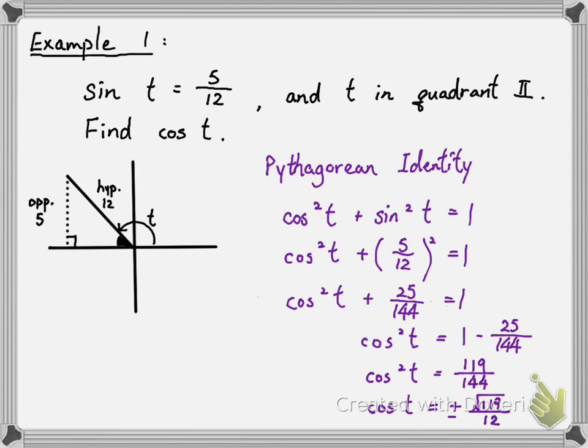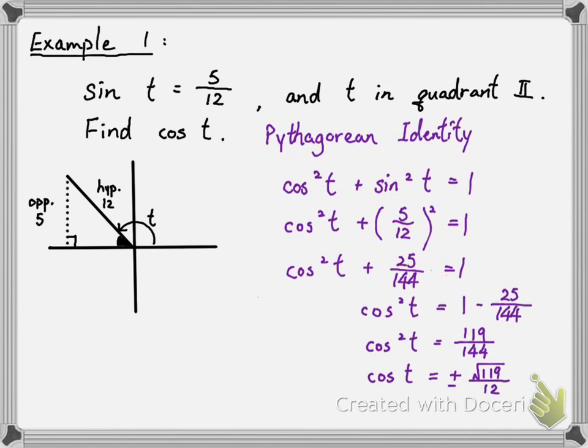The question is, is cosine t in the second quadrant positive or negative? Now we are going to use the amazing magical spell CAST, C-A-S-T, to help us.